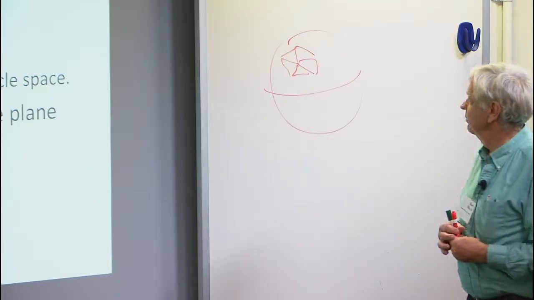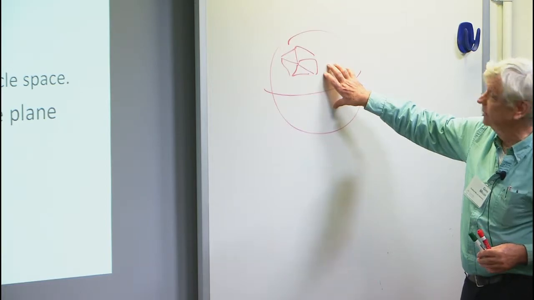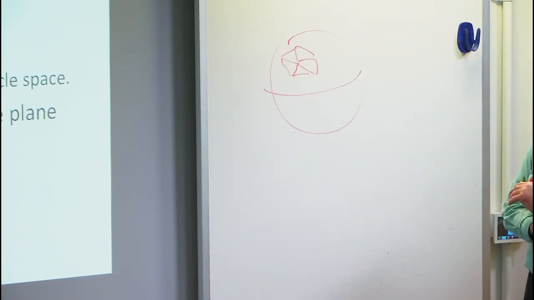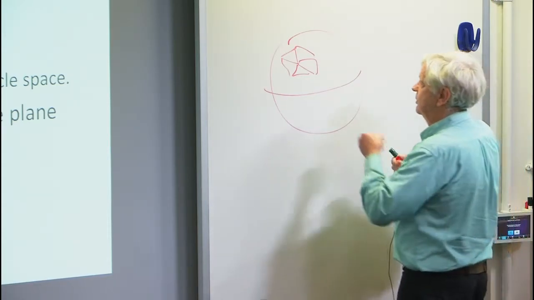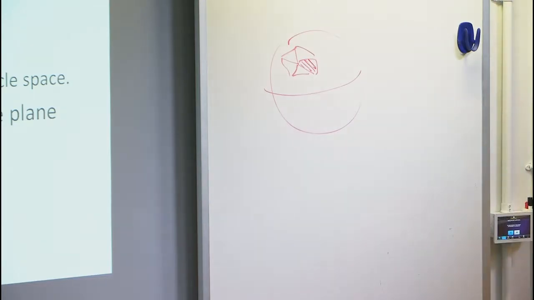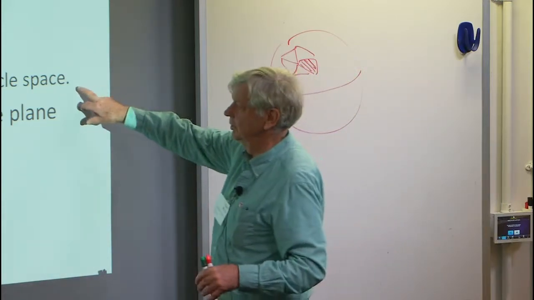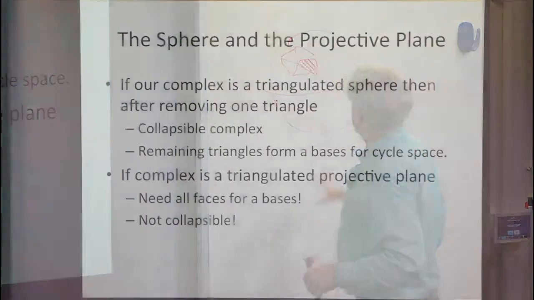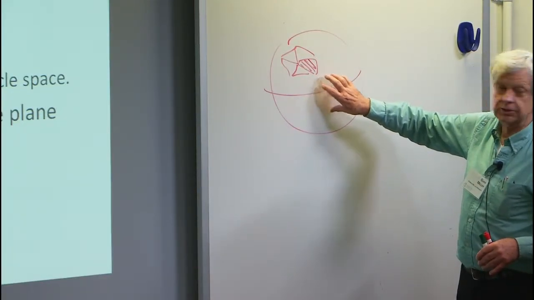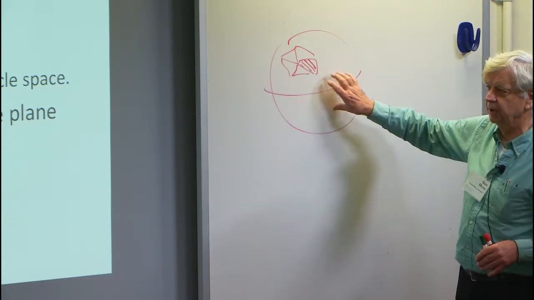Then what I want to claim is that it's not collapsible as a whole, right? Because there are no edges that are on a single face. But if you now remove one of those faces, then it becomes collapsible. And it's not too hard to prove, it's a nice exercise using Euler's formula, that the remaining faces have the property that their circulations generate all circulations on here, right? So it works out just perfectly.